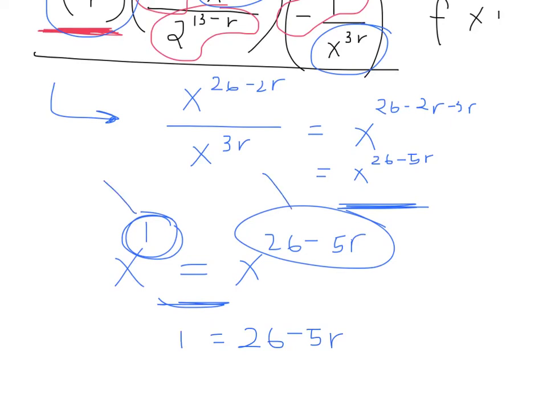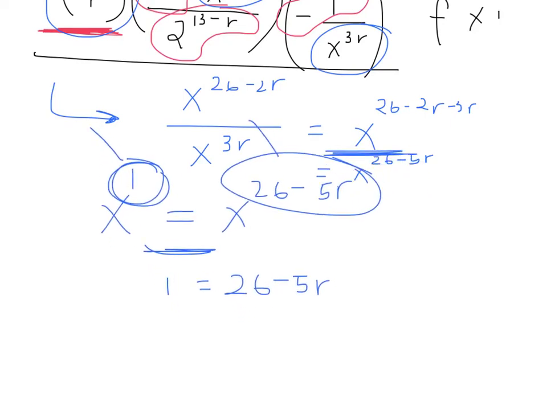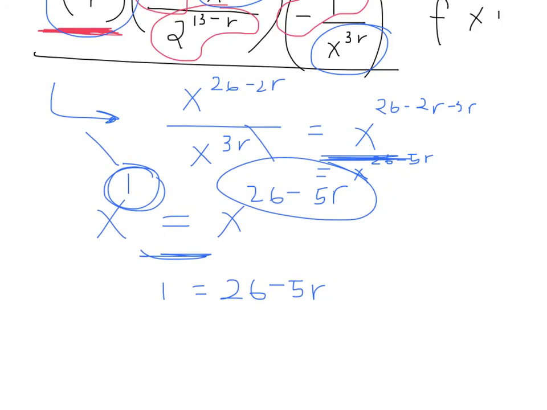Then you solve this equation. So we have negative 25 when you subtract 26, and negative 5r. So r must be equal to 5.